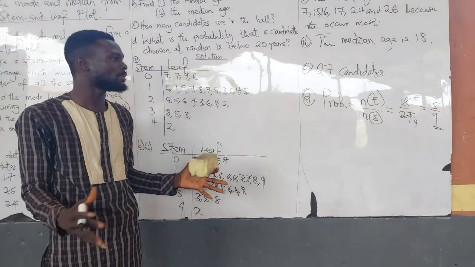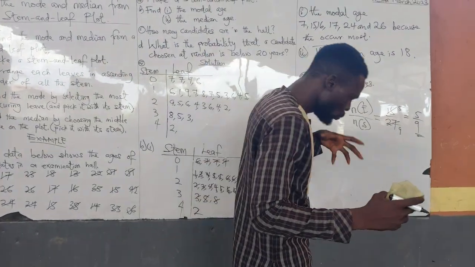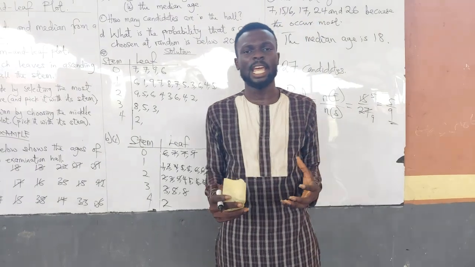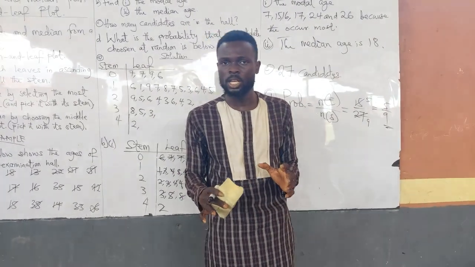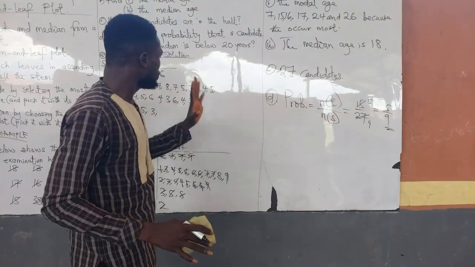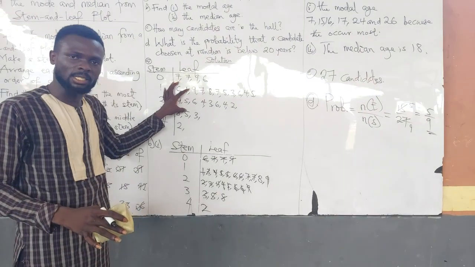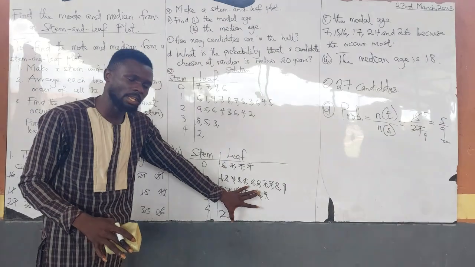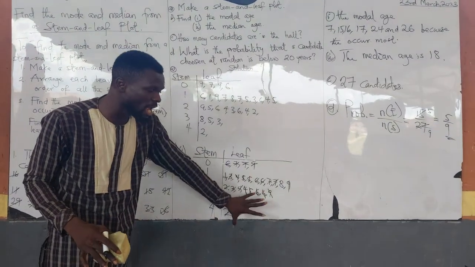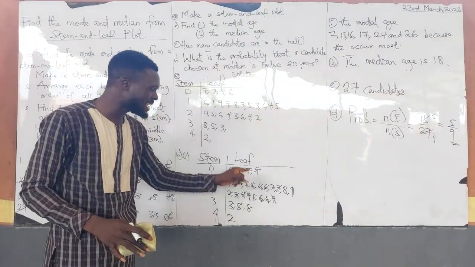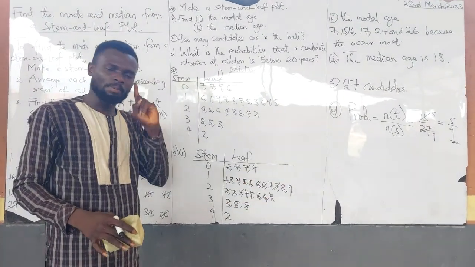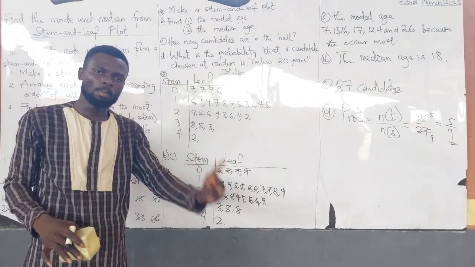So ladies and gentlemen, this is how we solve for mode and median from a stem and leaf plot. You first plot your stem and leaf, and rearrange the leaves. Once you rearrange the leaves, get the most occurring leaf. The most occurring leaf becomes your mode.